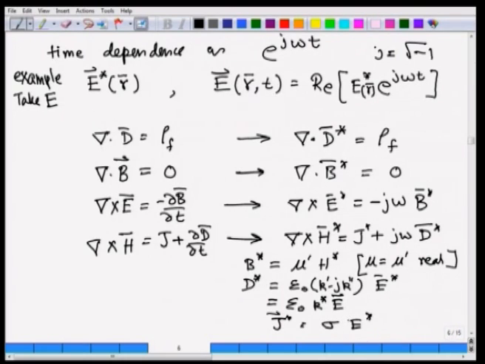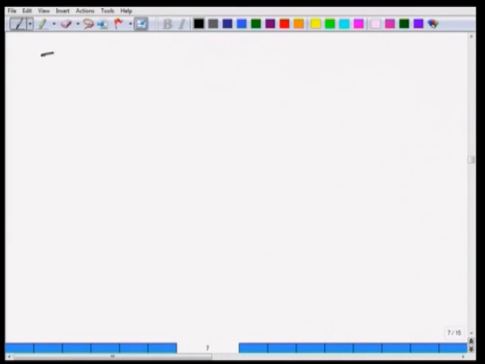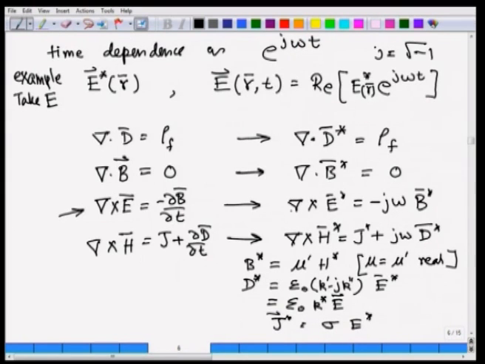If that is the case, let us take this equation and let us take its curl. What happens then? Let us write that down. Since I am working in phasor notation, I am taking the curl of this particular equation.